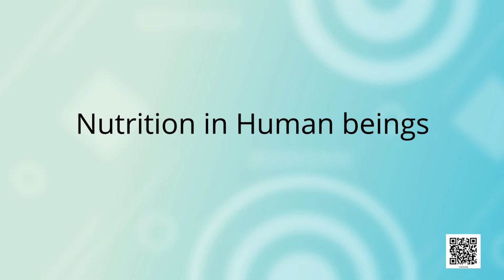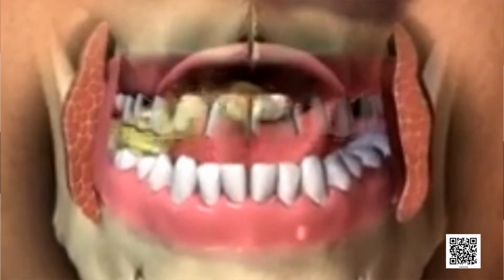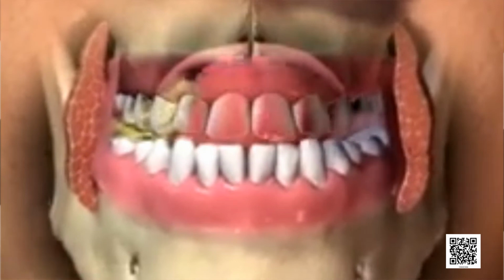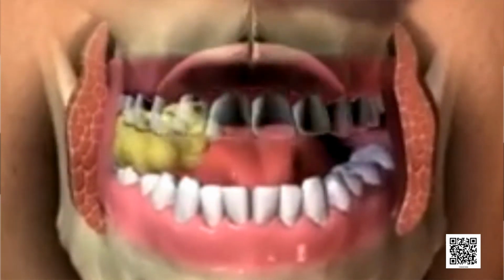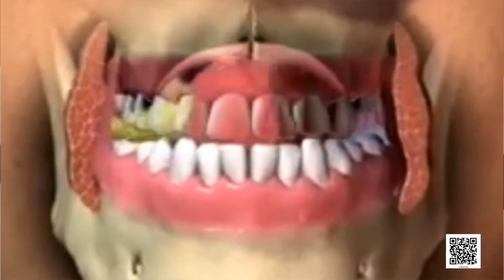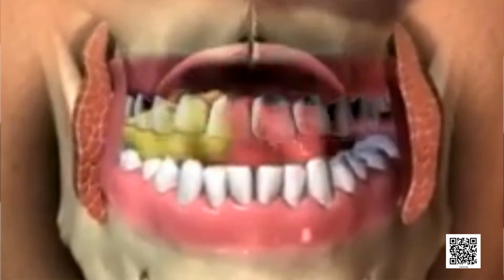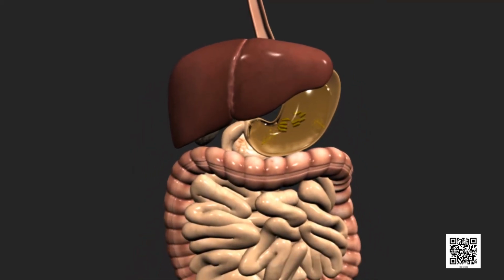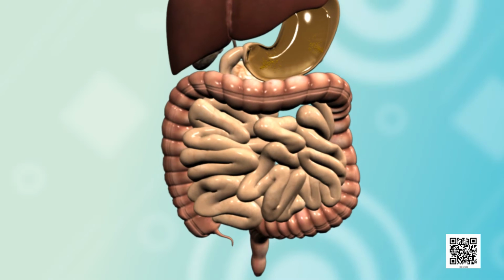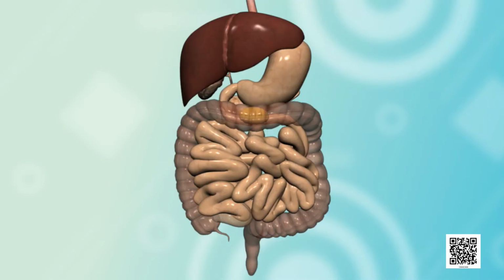Nutrition in human beings. Children, now we will discuss how nutrition takes place in human beings. We intake our food through the mouth, digest it, and then utilize it. The undigested food is egested out through the anus.